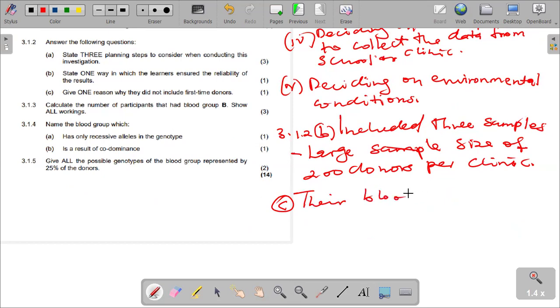Their blood groups were not yet known. You can also say that their blood group was not captured in the database.